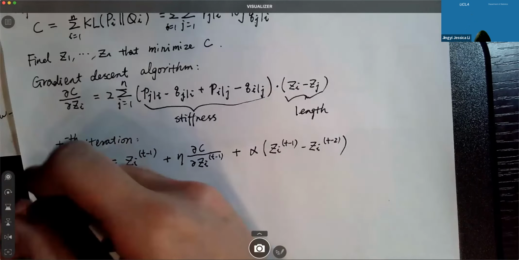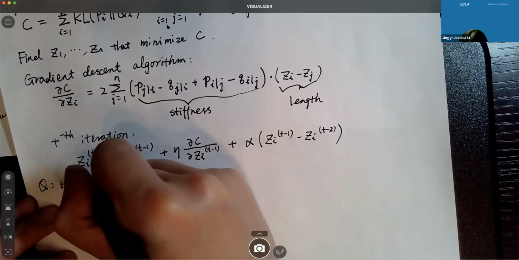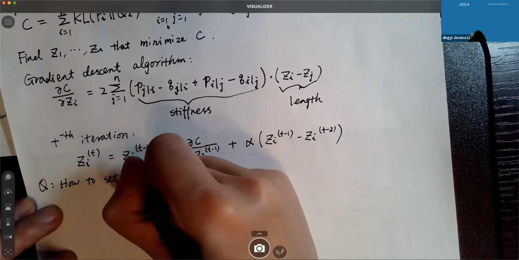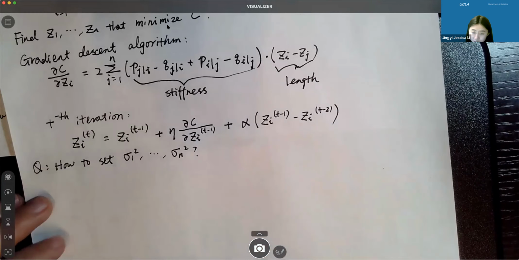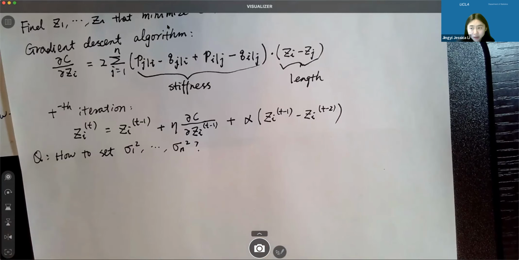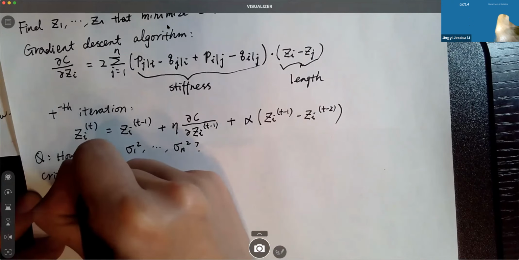So to address this question, how to set sigma 1 squared to sigma n squared, which are needed for that pj given i calculation, the authors proposed a criterion called perplexity.